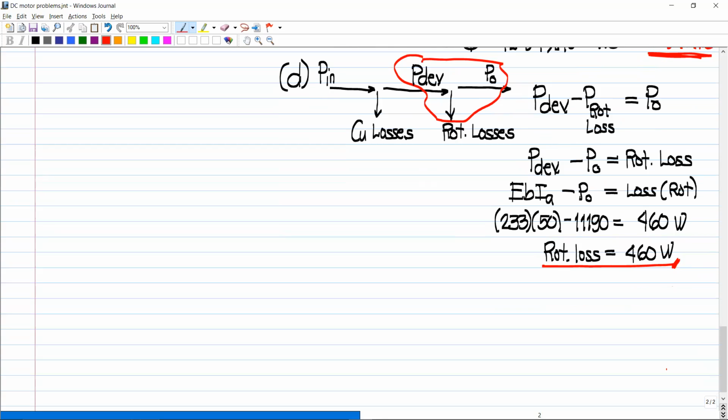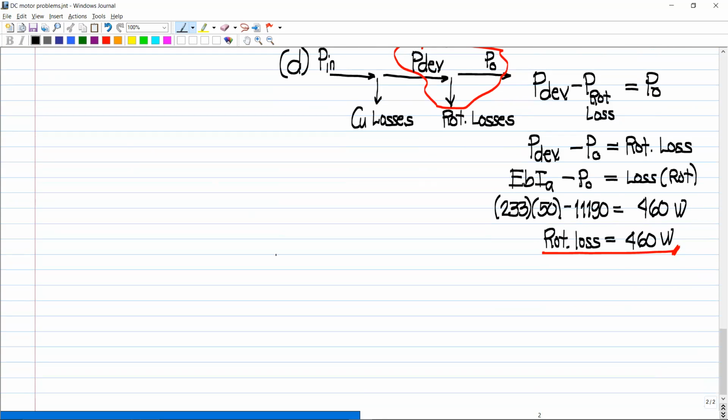And for our final question, we are looking for the efficiency. The general formula for efficiency is output power over input power. The output is given, 11,190. How are we going to solve for the input power? We can use the source side, because there we have the source voltage and the source current.